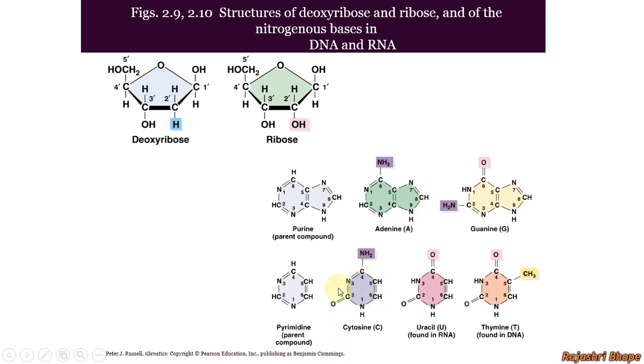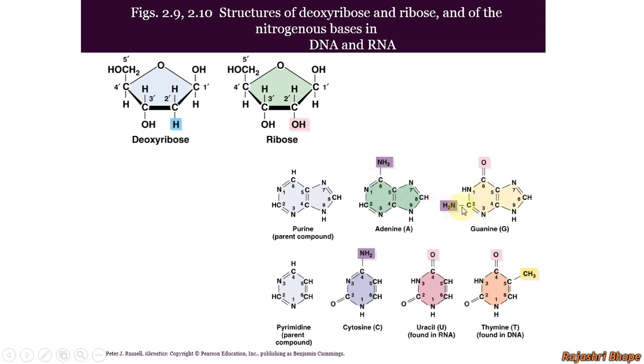And for the pyrimidine ring, numbering starts from the nitrogen at the downside, 1, 2, 3, 4, 5 and 6. Now in adenine, at the 6th position an amino group is present. So the name of adenine is 6-aminopurine.